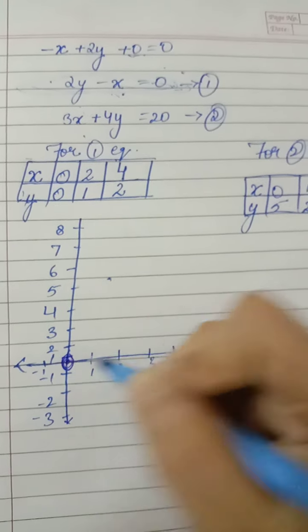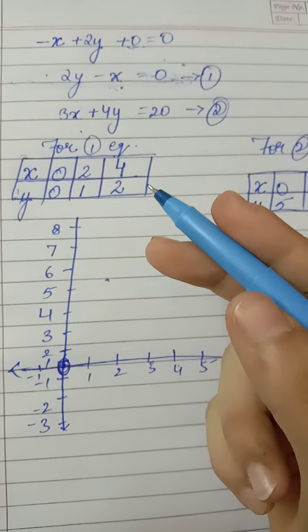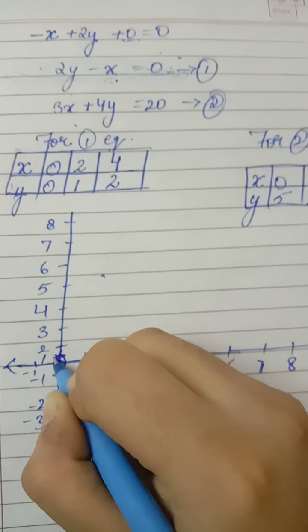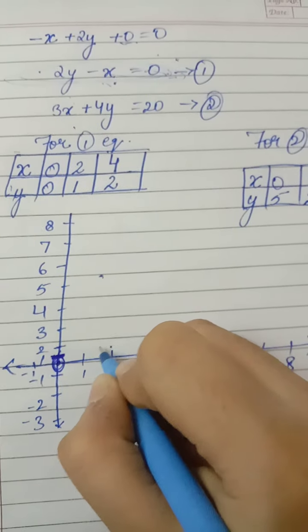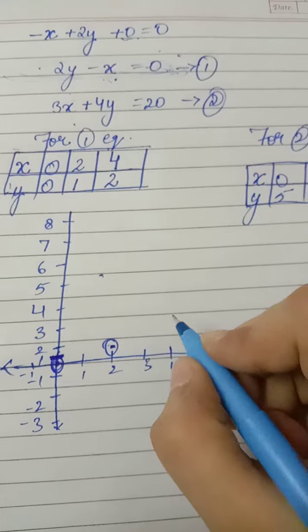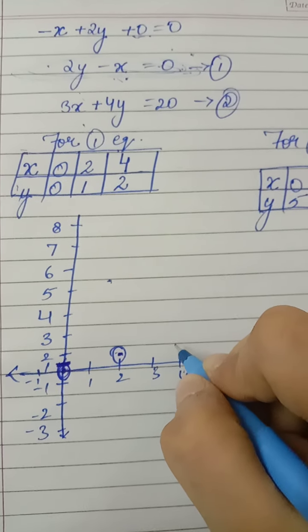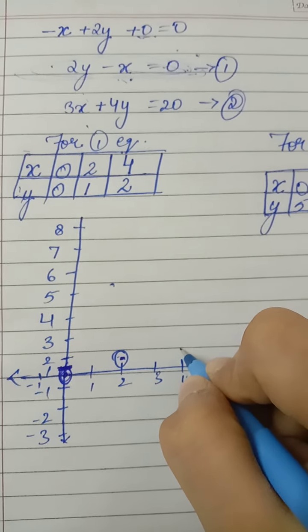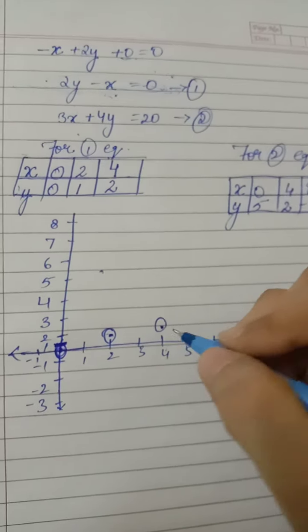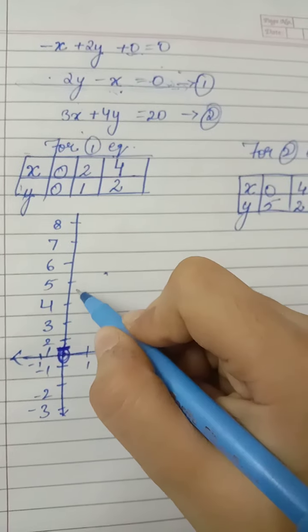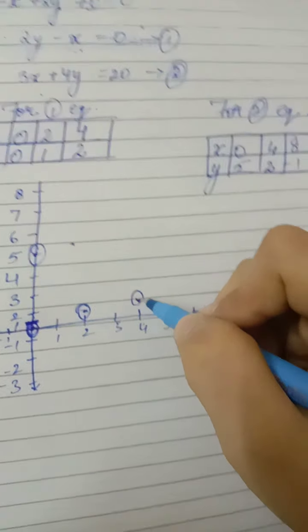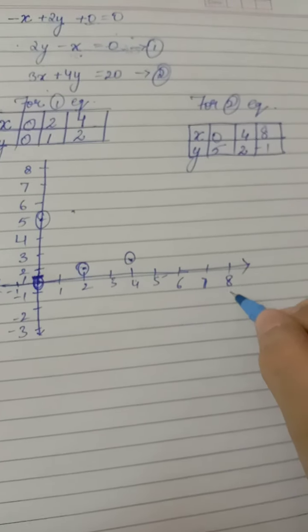Then we have 2, 1, and 4, 2, which we take near the line. Then for the second equation, 0, 5, then again 4, 2, and then 8, minus 1.